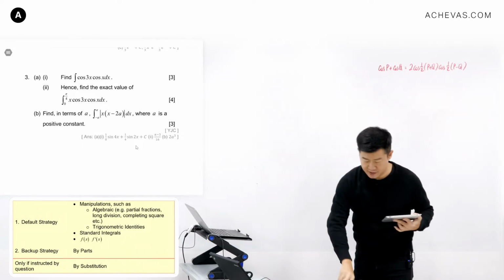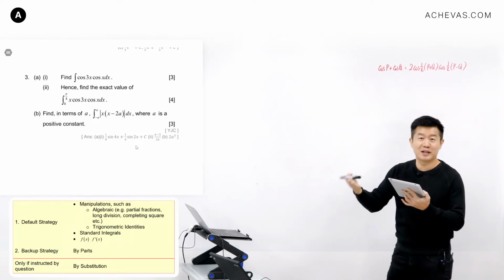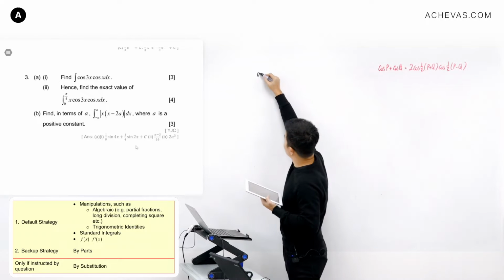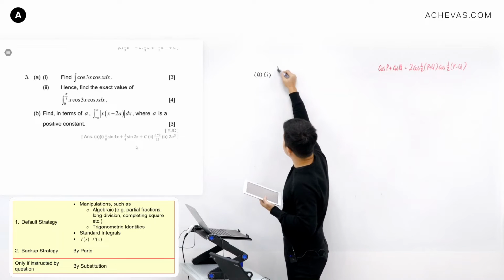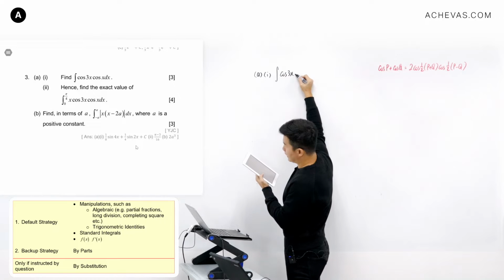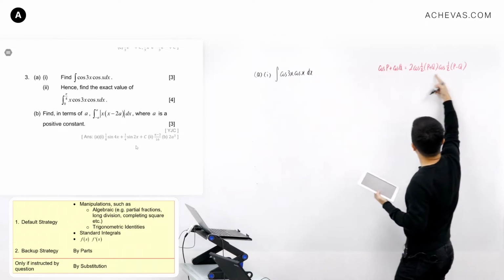Why do we choose this? Because that is the integral that is given to us by the question. It looks closest to this particular one. So in 3a part 1, we are supposed to be integrating cosine 3x cosine x, which appears here.